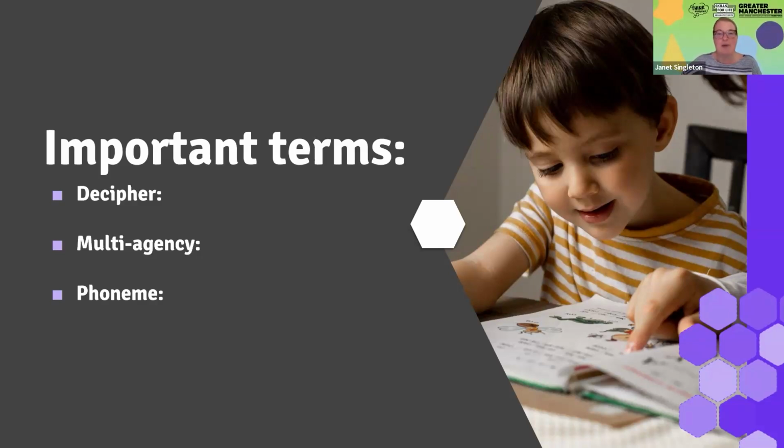Perfect. Brilliant. Okay, what about multi-agency then? So what would we say that multi-agency means? Anybody want to? Marie, thank you. Is it the different people that can work together to help with things like reading, speech and language, things like that?